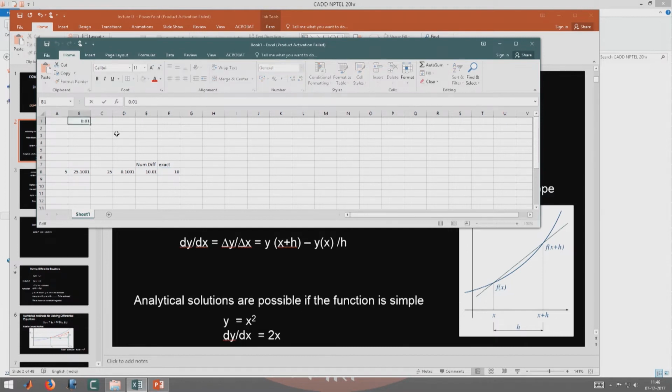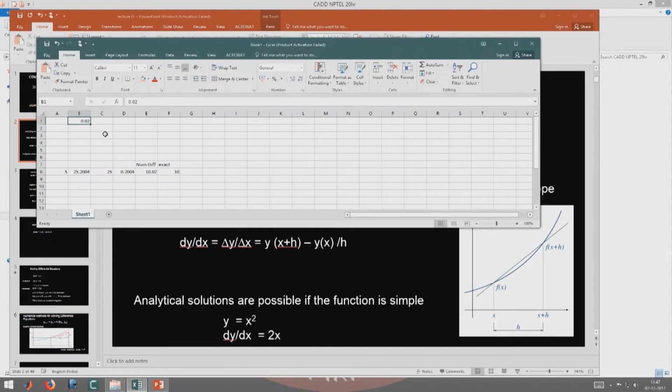If I increase the step length, it becomes 10.02, the error has increased.